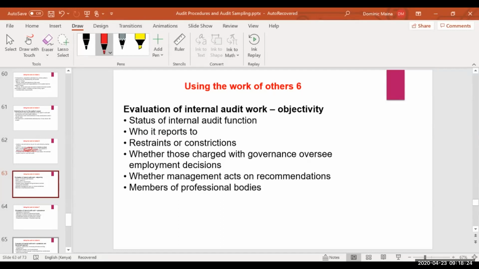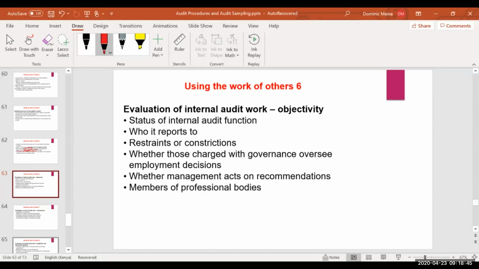Because that could be a constriction towards the extent of the effectiveness of their work. Just an example. You can check the budget versus what was actually given. If they request 2 million and they're only given 10,000, then that simply means that they can't do their work well.